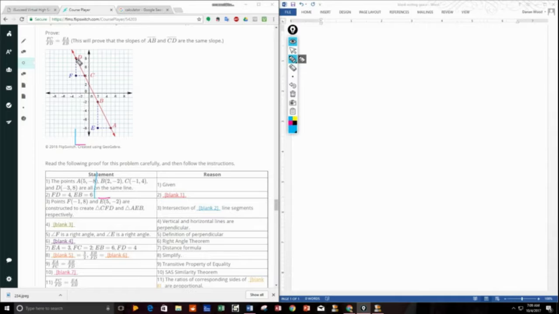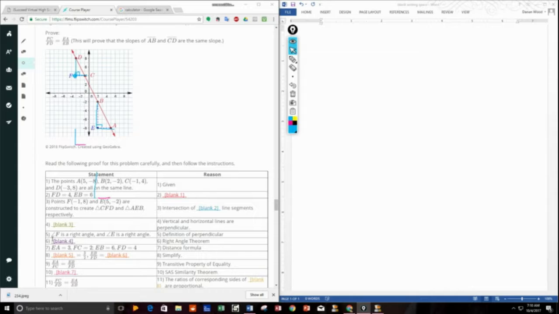That is following very nicely because we were talking about intersecting vertical and horizontal lines. The vertical line is FD and the horizontal line is FC, and that is perpendicular. The vertical line is EB and the horizontal line is EA. That is perpendicular, and that does create a right triangle.